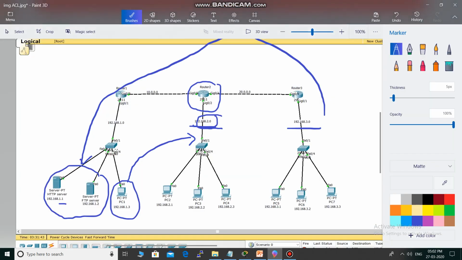In this diagram we have this one as source and this one as the destination. When we need to configure extended ACL, it should be configured on the router which is closest to the source. In that case, we need to configure extended ACL closest to the source, that means on router 1.